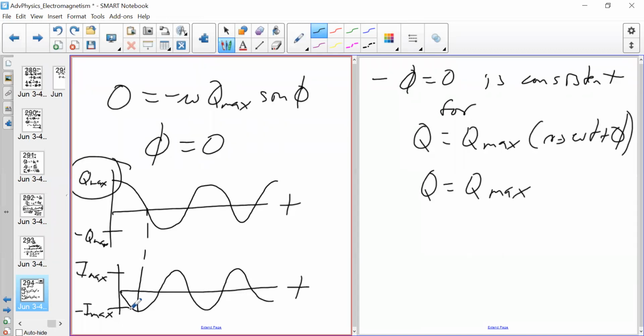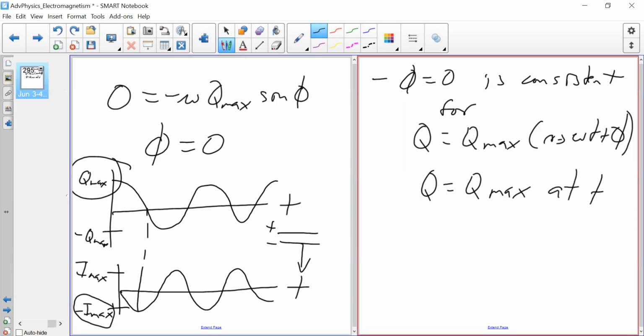Remember, we had our orientation positive, negative, and so we went this way because it's going to be a discharge through the electric field. And so current is going to be in the so-called negative direction. So Q equals Q max. We've got a little bit more to go, and we'll be done here.